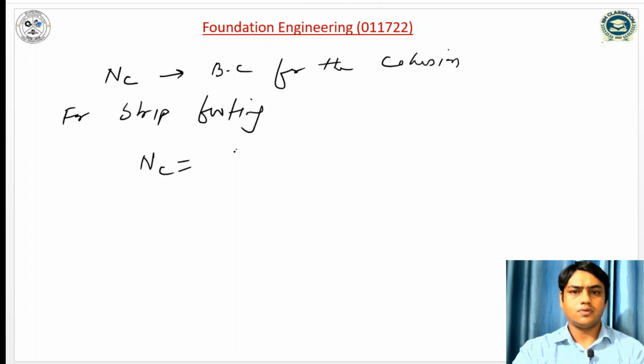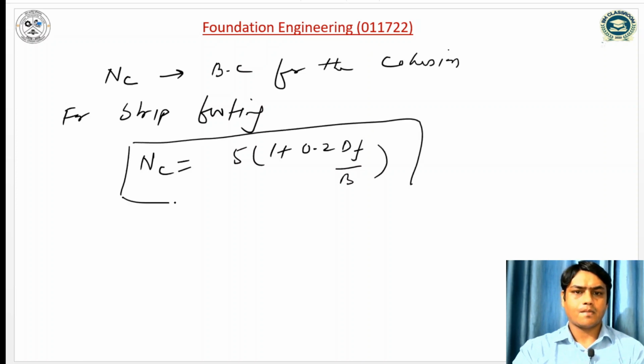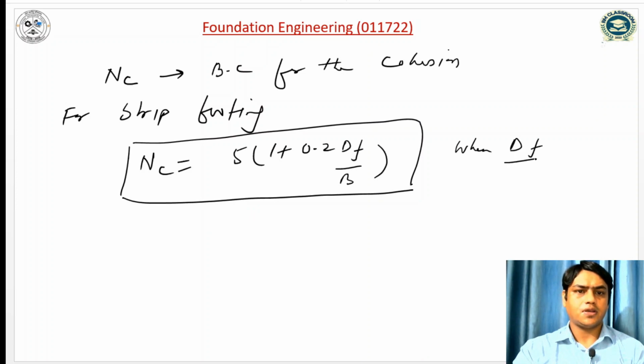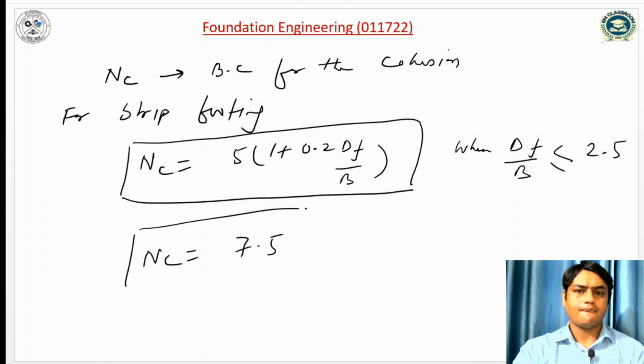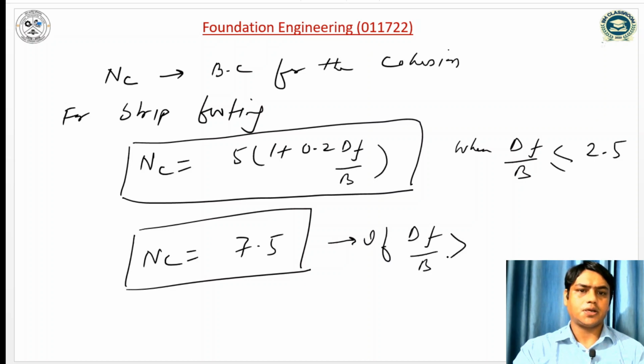Nc is equal to 5 into (1 + 0.2 Df by B) when Df by B is less than or equal to 2.5, and Nc is equal to 7.5 if Df by B is greater than 2.5.